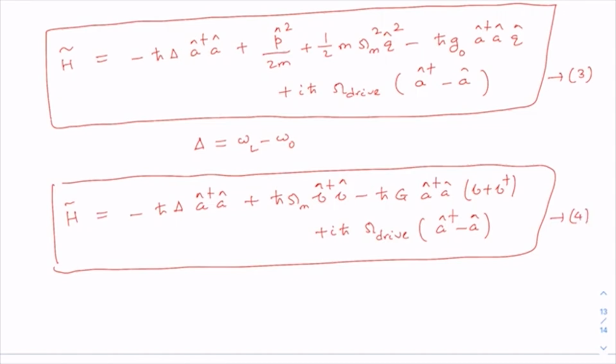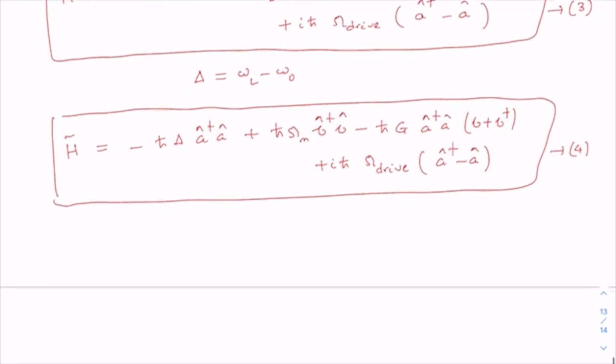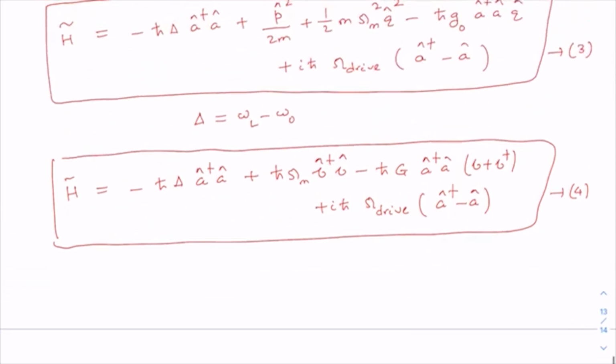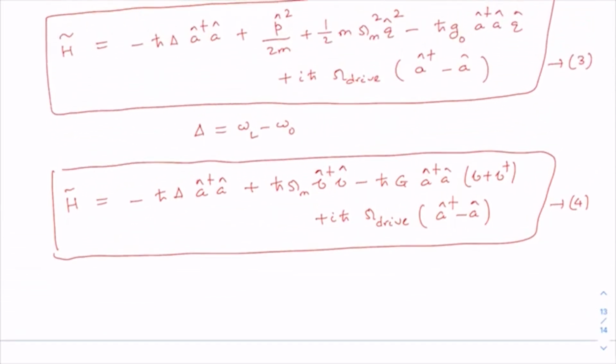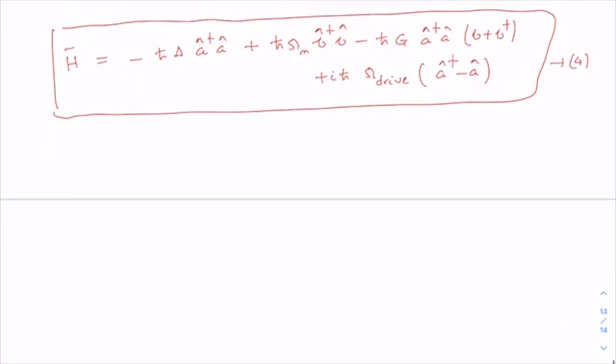Okay, now let us consider the effects of the surrounding environment on the model of this optomechanical Fabry-Perot cavity. To do that, first let us write the Heisenberg equations for the various variables, the various operators. Let me consider this equation 3, and from it we can write down the Heisenberg equations.